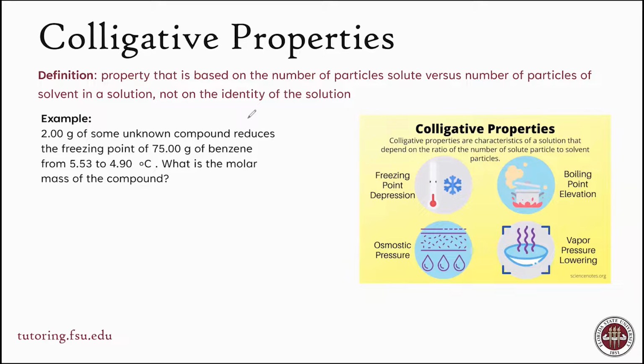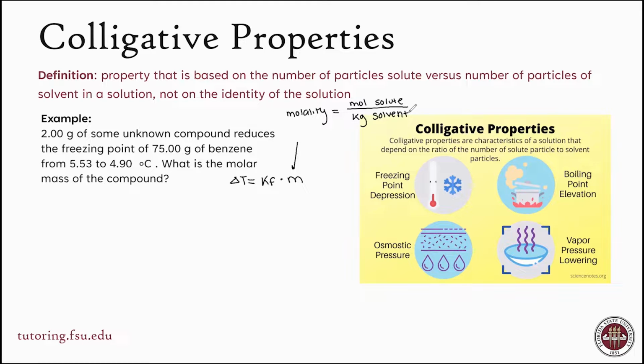In this case, you would be given an equation, which is the freezing point depression equation, which takes the form of delta T is equal to Kf times m, where m is molality. If you remember from a few sections ago, that means moles of solute divided by kilograms of solvent.